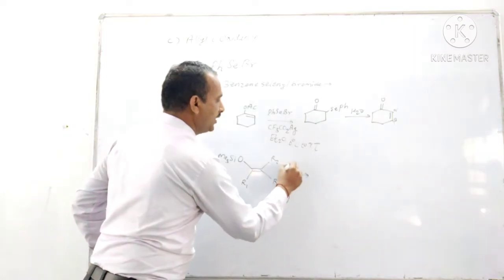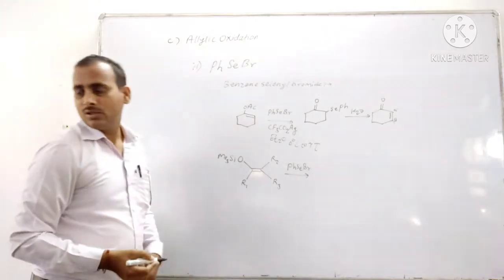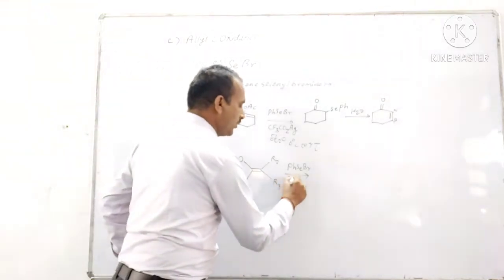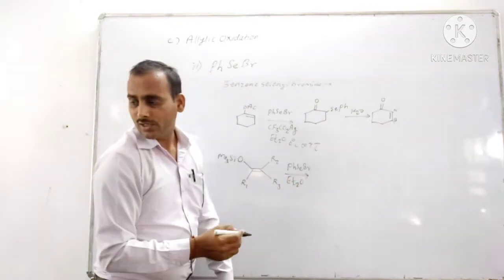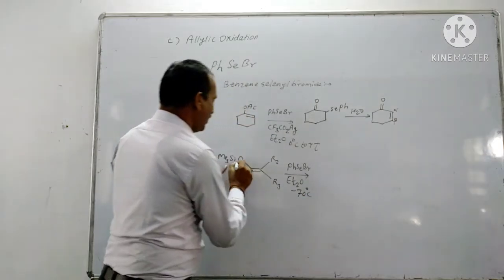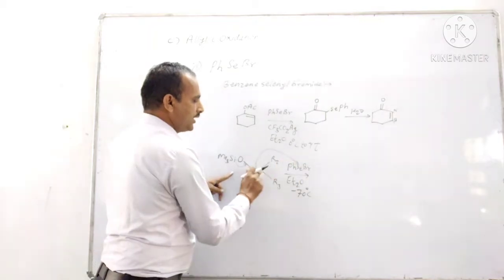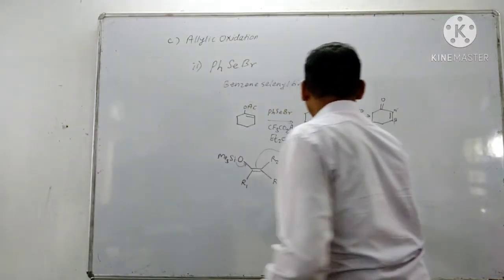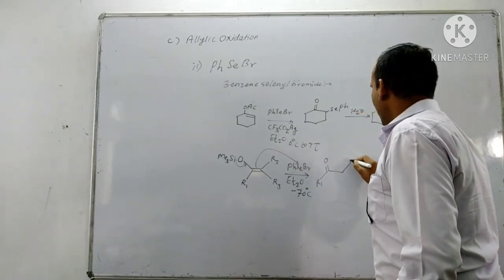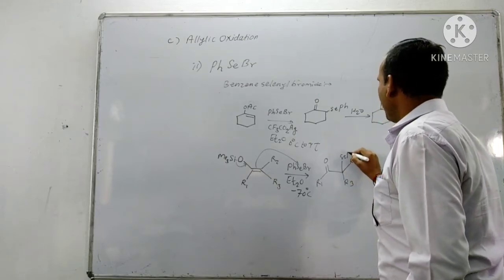Now this group by using PhSeBr and diethyl ether as solvent at -70 degree Celsius, again this bond breaks down to form the carbonyl, attack of this carbon on selenium to form R1 C double bond O, R2 R3, and here is SePh.